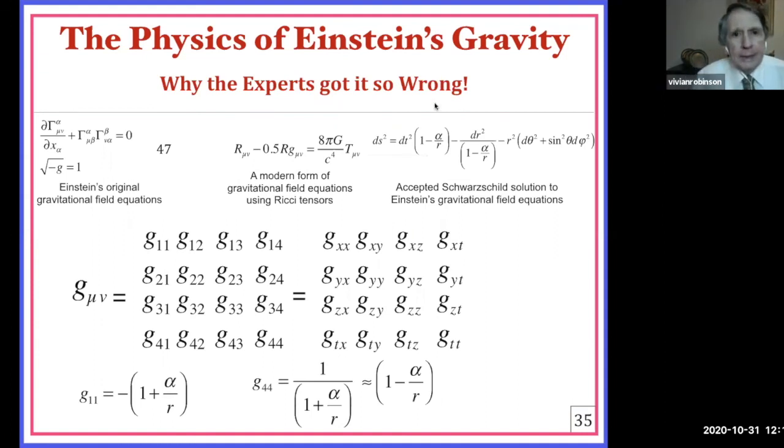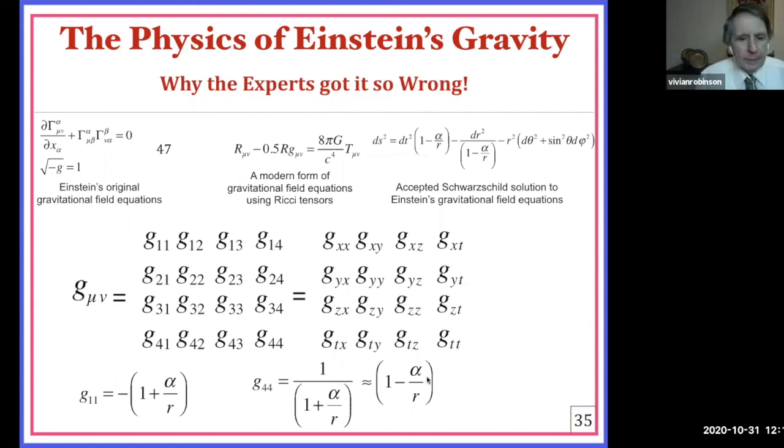This Ricci tensor format has the term G mu nu. That refers to what are called G11, 12, 13, 14, and all the way through, and it's shown here. The terms 1, 2, and 3 apply to the dimensions x, y, and z, and term 4 applies to time t, as shown here.